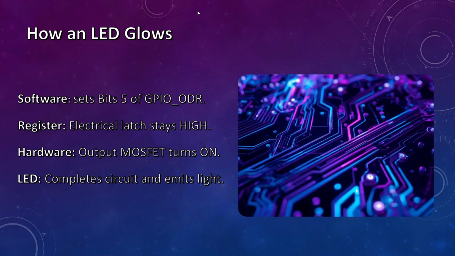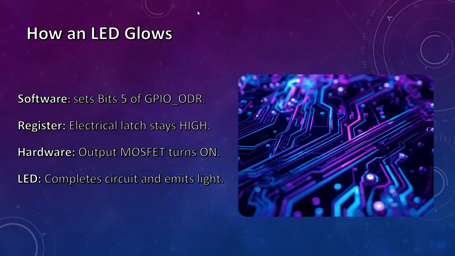Let's imagine an LED connected to a GPIO pin. Okay, suppose the GPIO peripheral contains a resistor responsible for controlling output. Inside that resistor, one bit controls the LED pin.